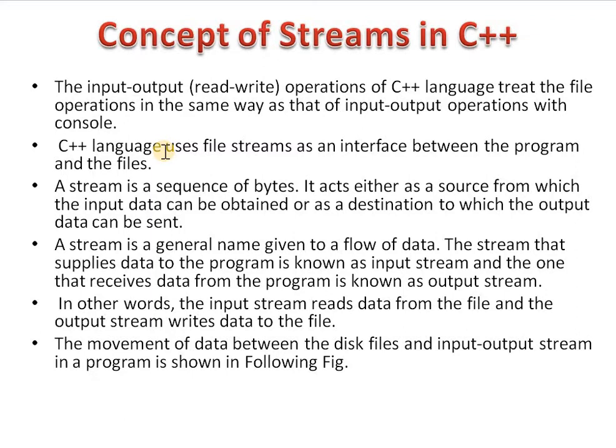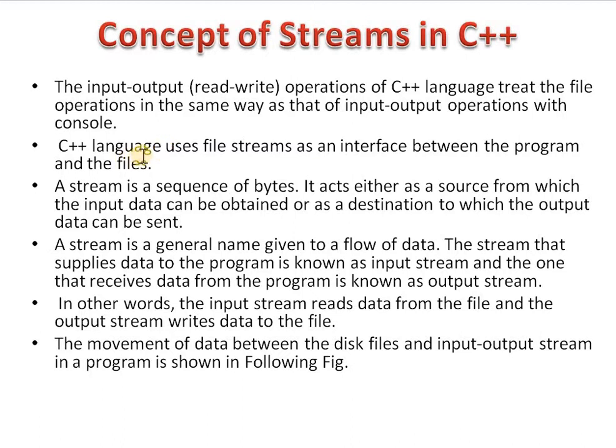Suppose in a program you displayed one message, enter any two values. Then at the console you are providing the two integer numbers for that program. That means the input is provided through the console. In that same way, the file operations are going to be performed on a file.